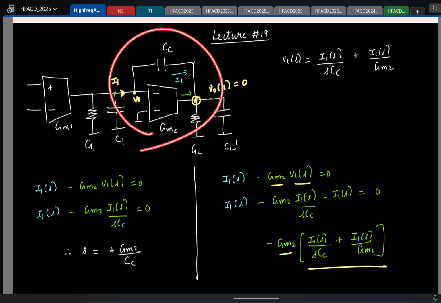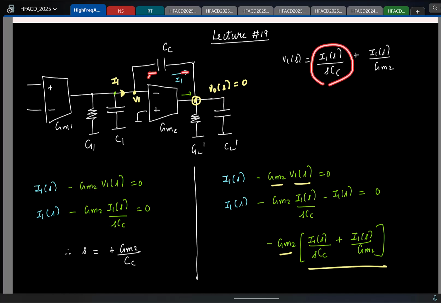So in this circuit, the voltage V1 is generated as the voltage across the capacitor, which is this fellow. But I want my V1 to be obtained as this. This is essentially the voltage across a capacitor plus voltage across what? A resistor with a value 1 by GM2.